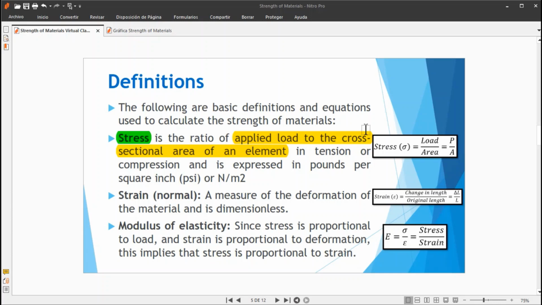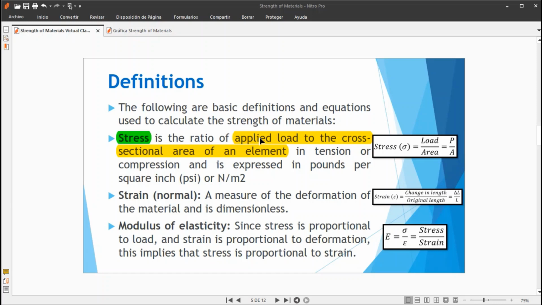This is a cross-sectional area. So again, as a summary, we cut the sphere by the half and you get the face of a circle. Let's suppose that you have a melon. When you cut the melon in half, the front that you see before you eat the melon is a circle. This is the cross-sectional area. The same happens with a long rectangular bar or a cylinder or another structural member, right?